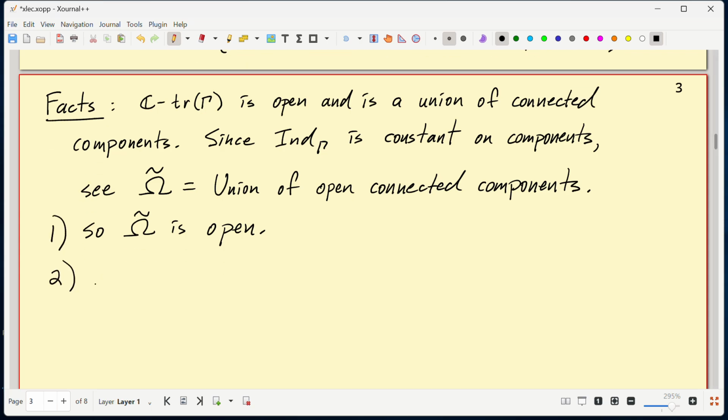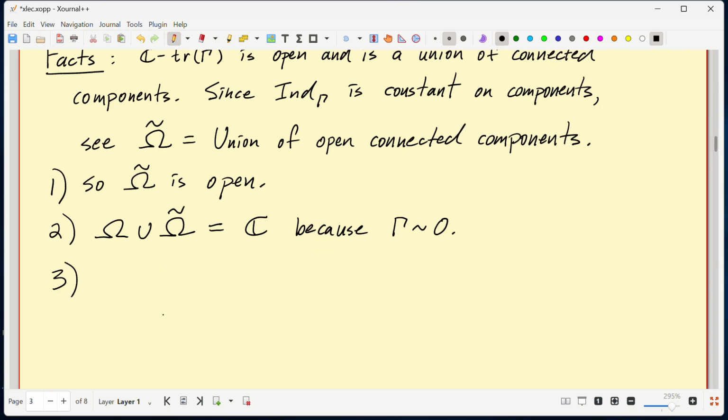Number 2, open set omega union open set omega twiddle is C, because of the definition of homologous to 0. Okay.